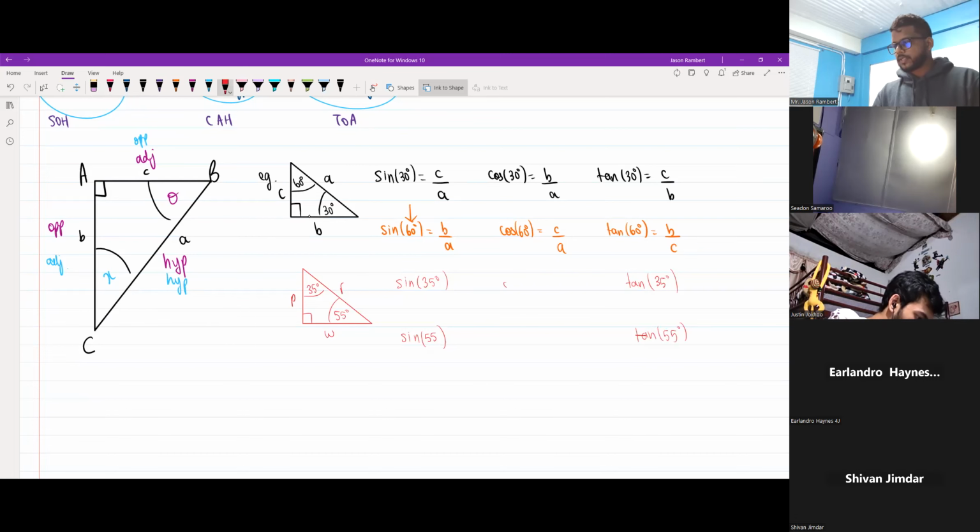We go to the cosine one time, yes? Cosine of 35 and cosine of 55 degrees. Right, so somebody volunteer yourself. Tell me what is sine of 35 degrees based on this triangle.